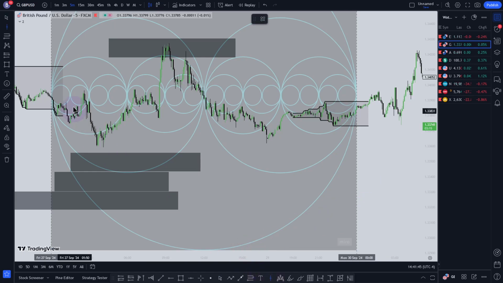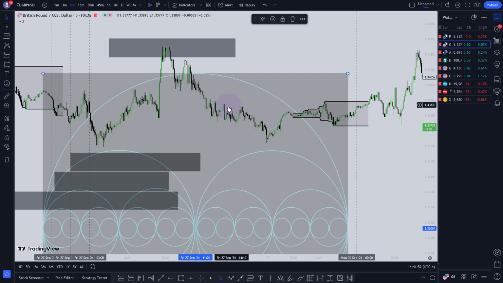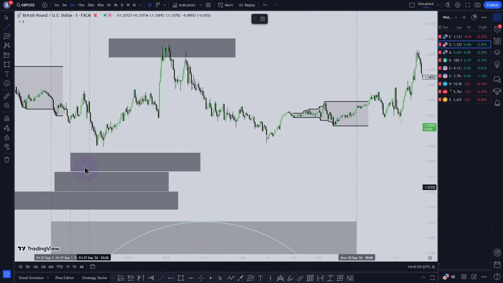Now marking the 1:30 a.m. and marking 3 a.m. I will mark highs and lows of 1:30 and 3 a.m. Here's the low of 1:30 and here's the high of 1:30. The high of 1:30 is basically midnight. Here's the high of 3 a.m., and here's the low.